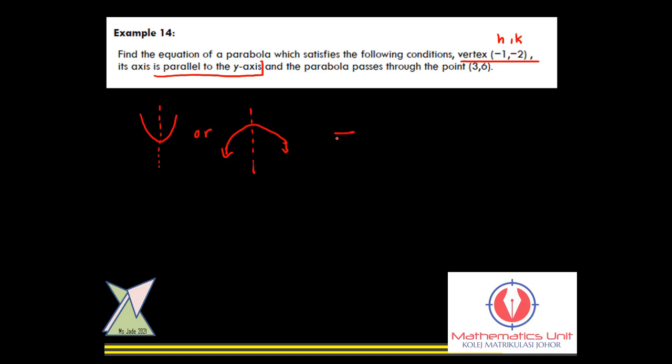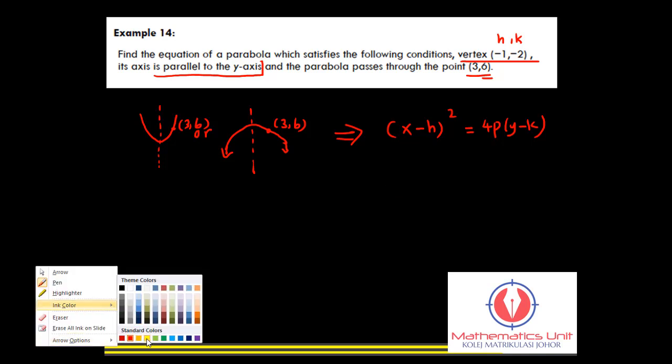So this pattern gives us the equation x minus h squared equals 4p y minus k. And now you have the point it passes through at 3, 6. So it's maybe around here because we're not sure which one. Okay, we can only determine whether it's open upward or downward by figuring out the p value. So what we're going to do now is substitute the h and also the k into the chosen formula.